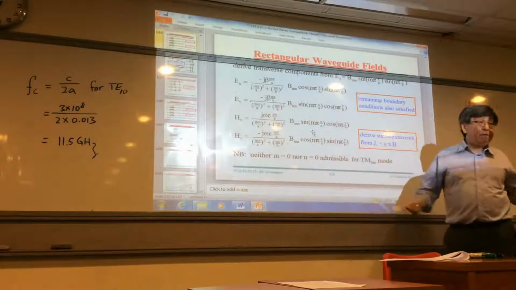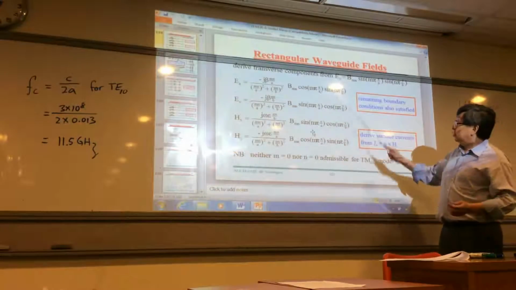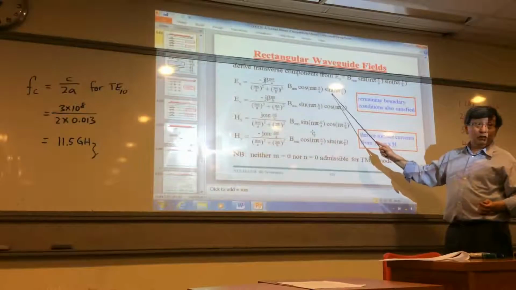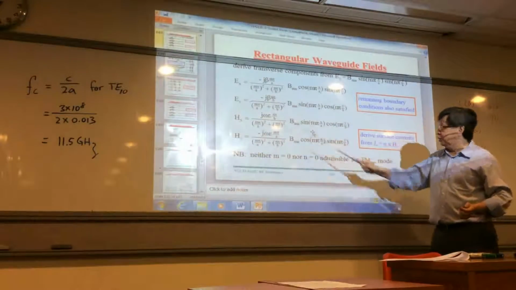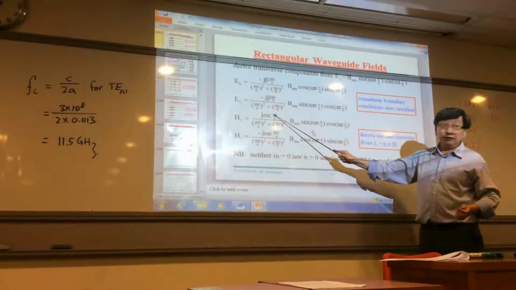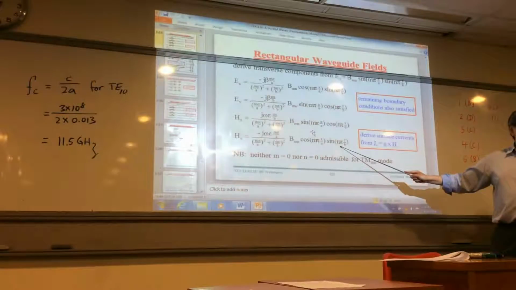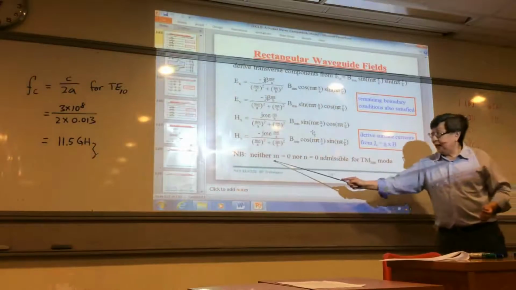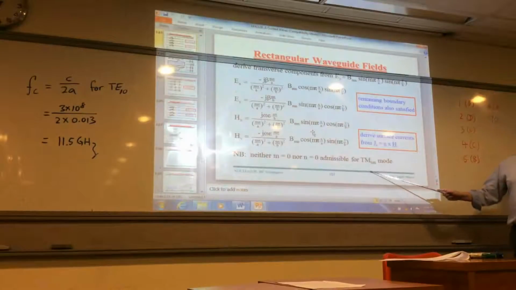So m cannot be 0. Same for n. If n is 0, sin n here will drop to 0. Over here you have n, so that will drop to 0. And over here, sin n will drop to 0. So neither m nor n can be 0 for a TM mode.